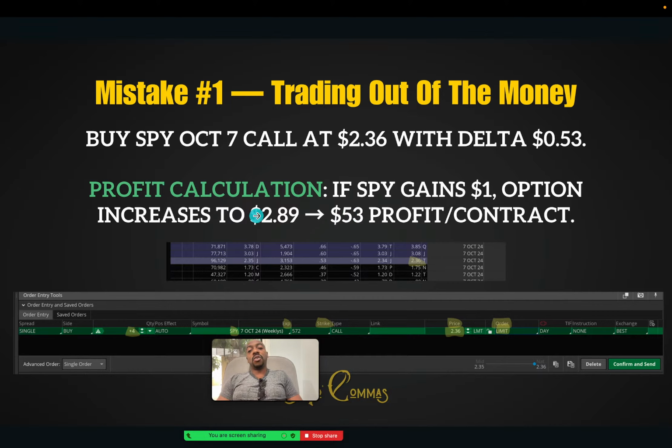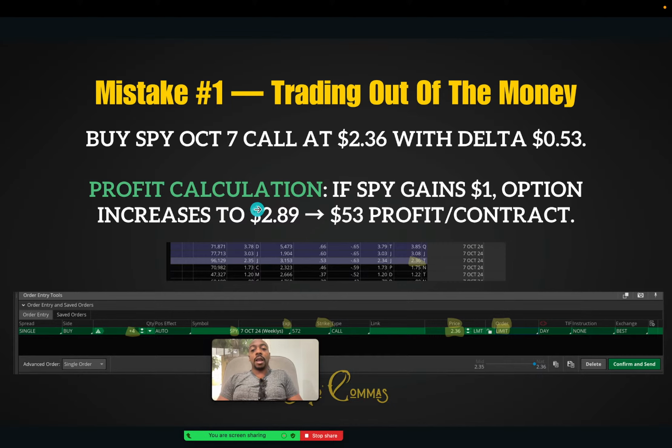The reason why that's $289 is because an option is a contract for 100 shares. So when you see a price that says 289, you essentially just need to move the decimal point over 2. That's how much it's going to cost you to buy one of those option contracts. It's going to be $289.